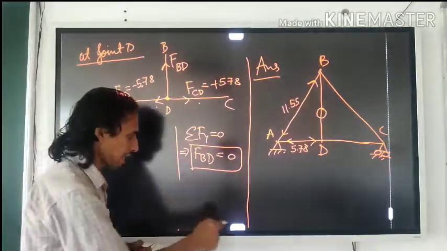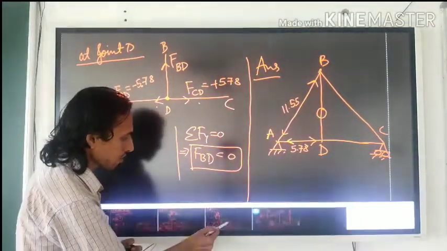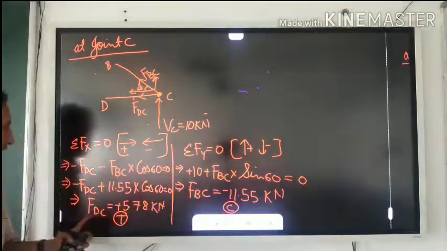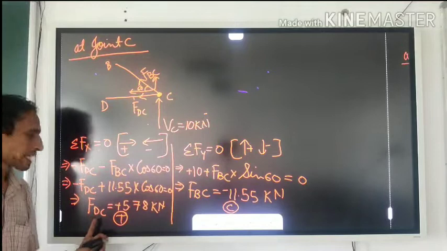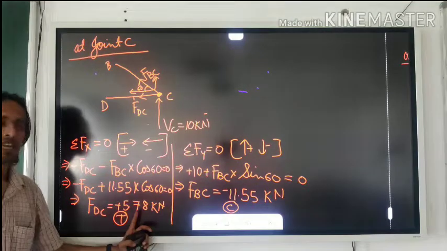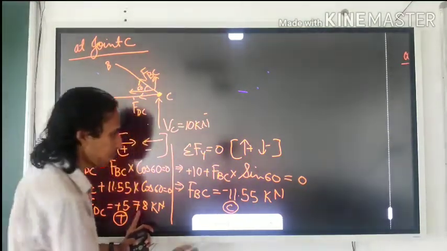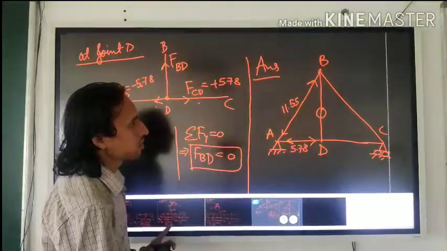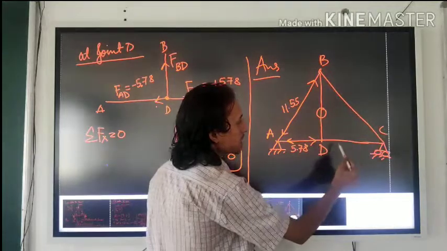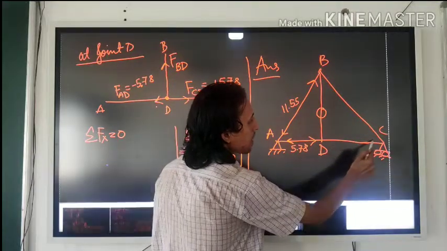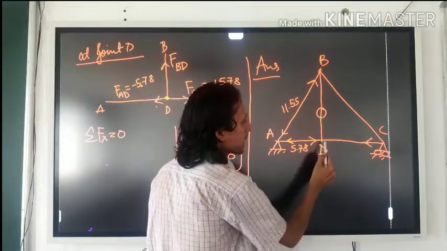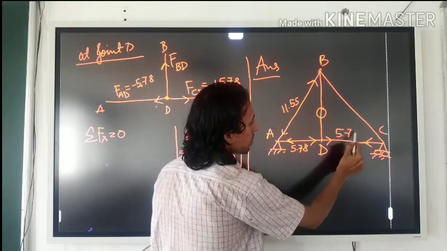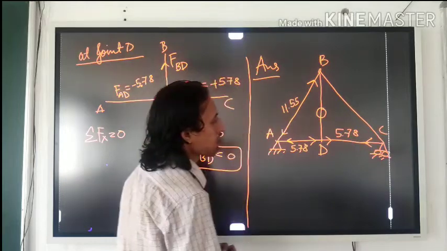Again see what else you have solved. DC is in tension. What is the value? 5.78. Put that in your solution. CD is in tension. Tension means away from the joint. The value is 5.78.